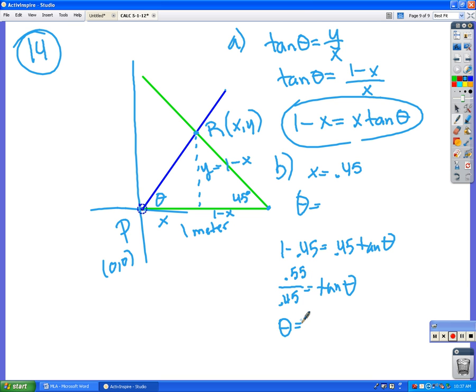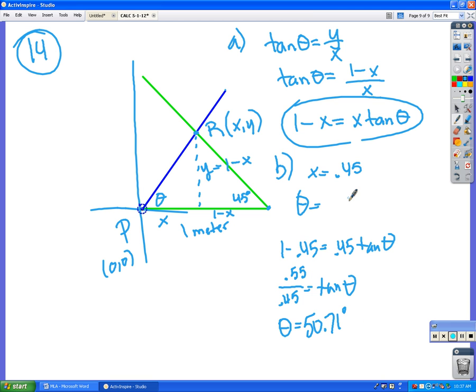I'm hoping it's going to be close to 45 degrees. 50.71. So by approximately how many radians should you increase theta if you want the x coordinate of the point R to decrease to 0.45 meters?